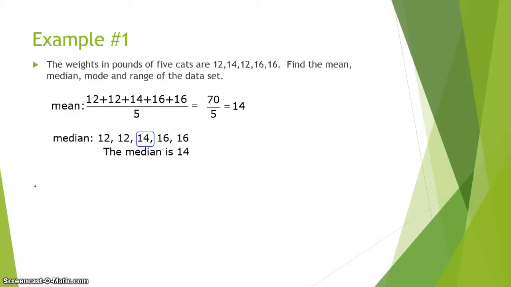Your median, we put the numbers in order from least to greatest, cross off each end till you get to the center value, which is 14. Again, if I had 2 values, like if I had 2 14s in the center, this is just an example, what you would do is add them together to get 28 divided by 2 to get 14.